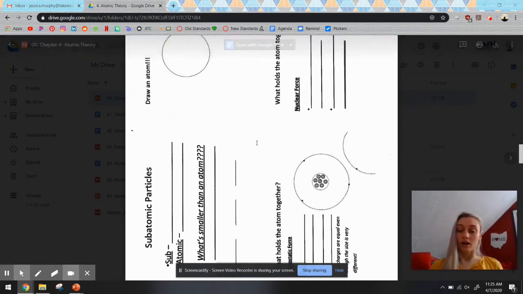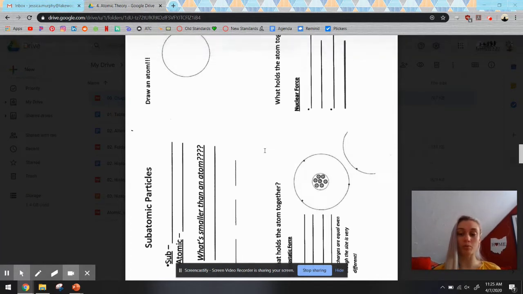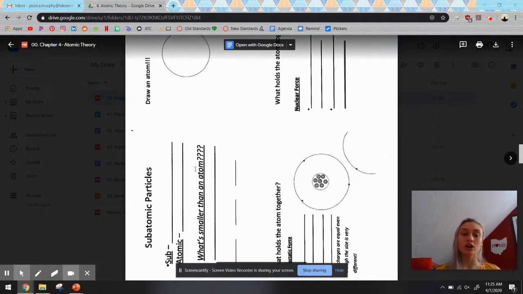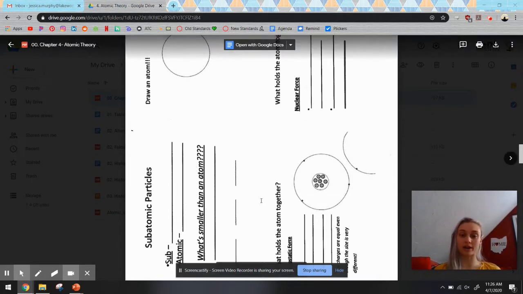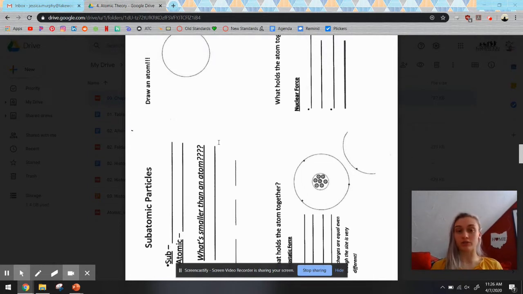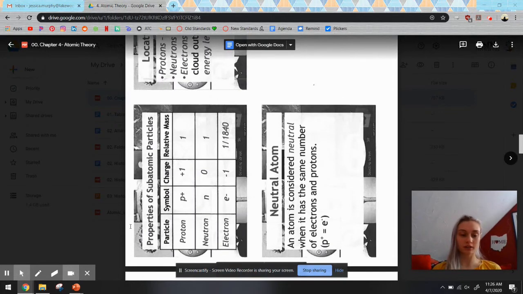So when I get to this part, I'll give you more instructions, but I'll have you do the same thing you did with the last notes, where you'll send me a picture of this completed page. If you don't have a computer or a printer to print it out on, that's okay. Just write it on a piece of notebook paper like you did for the review notes, okay? So I'll get started.